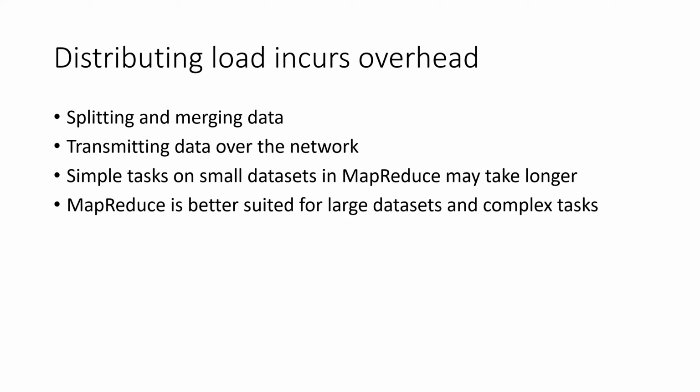And this happens because MapReduce has a lot of infrastructure attached to it. So it will split data, we have to put it in HDFS, and then the whole computation might just become more expensive. So there is a trade-off between the size of the data set we are operating on and the complexity of the computation we want to do, and when these things are large, then it makes more sense to use MapReduce.